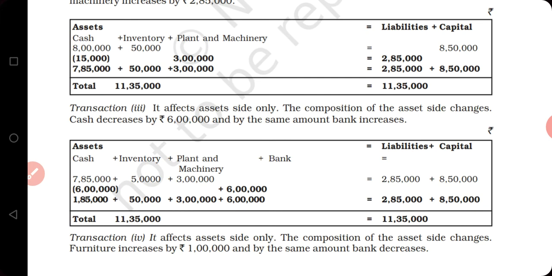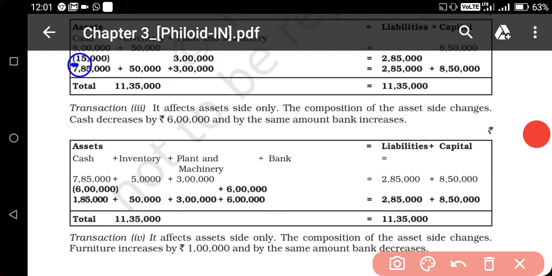On the asset side we will make another title, plant and machinery. We will write rupees 3 lakh. Is it clear? And 15,000 we are paying in cash. So under the cash title we will reduce 15,000, which is shown in brackets.